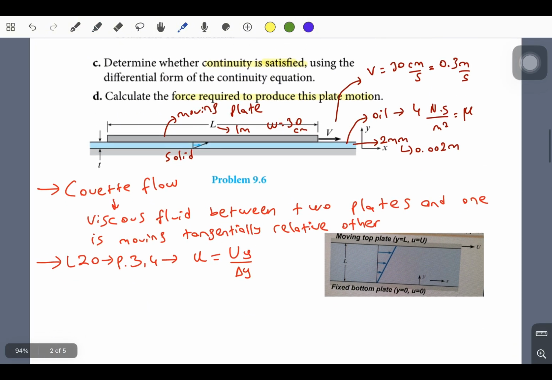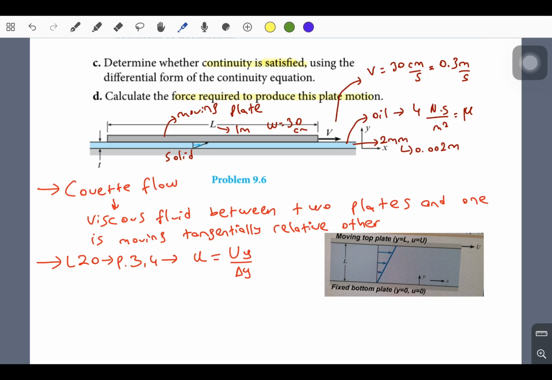So here we have a situation. We have a viscous fluid between two plates, like plate 1 and plate 2. And one of them is moving tangentially relative to the other. So we define this kind of flow as Couette flow, and it has this relationship between the velocity and the distance.